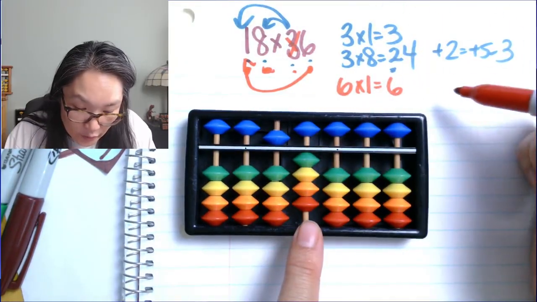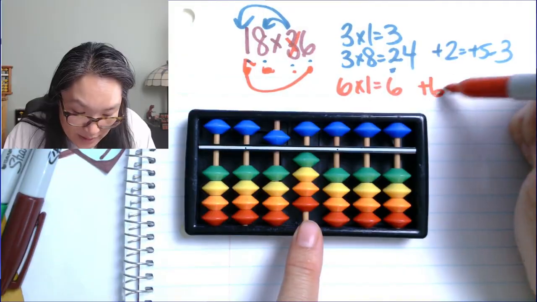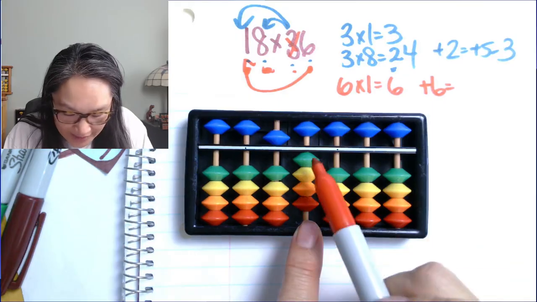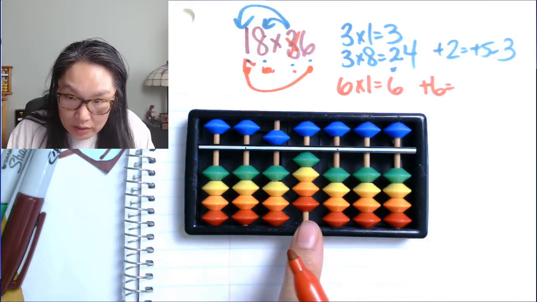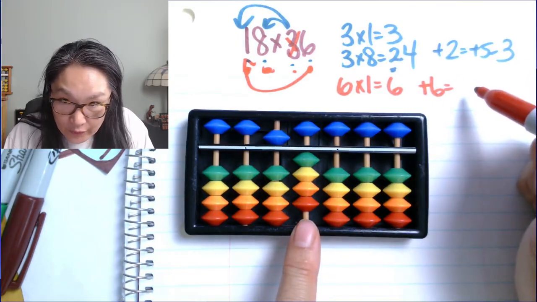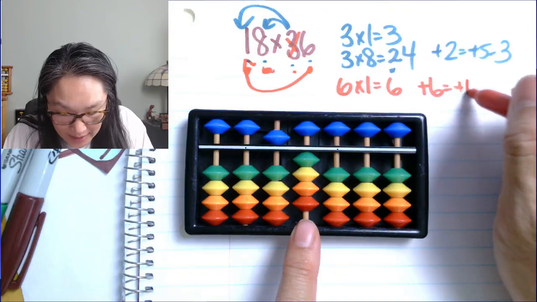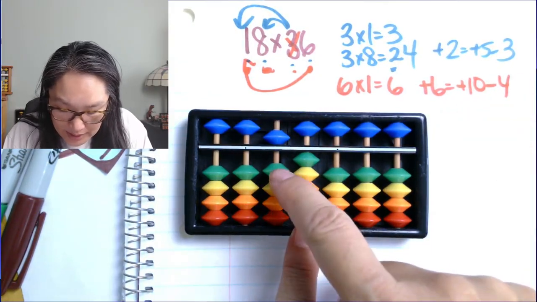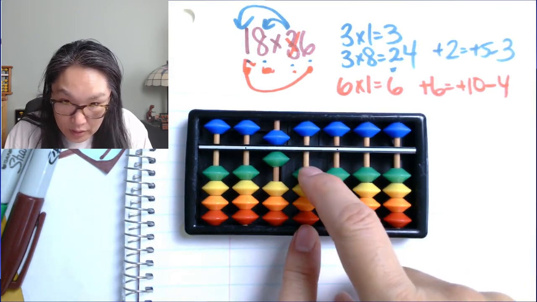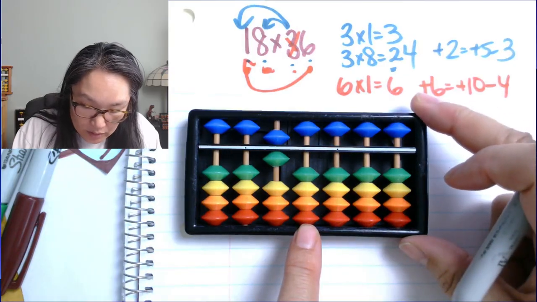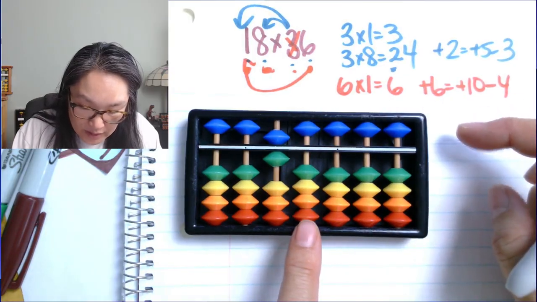This is another formula that we need to know. Do we have enough to add the 6? No, we don't. We have to use our 10 formula. Plus the 10 minus the 4. So this is where we add the 6.